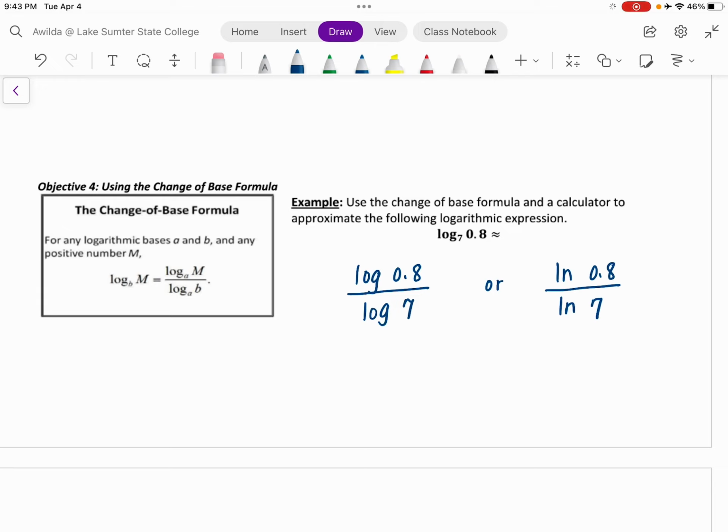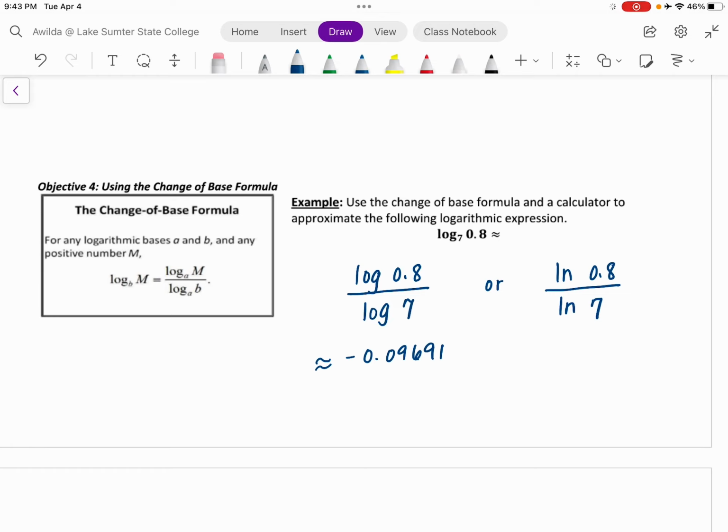So I have my cell phone calculator with me here on the side, and when I type in the common logarithm of 0.8, I get a pretty long decimal for the numerator. I get negative 0.096910013008056. That's how far my calculator will go.